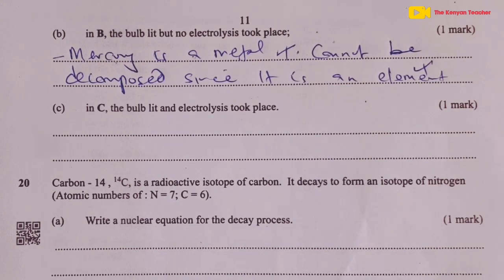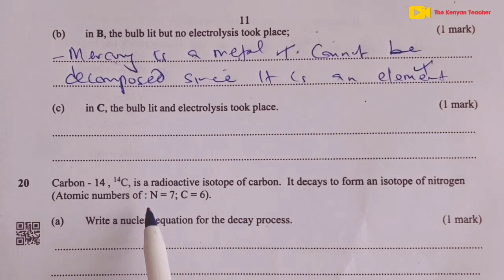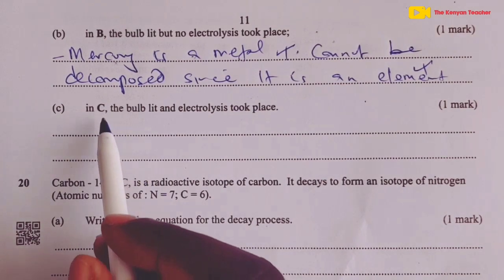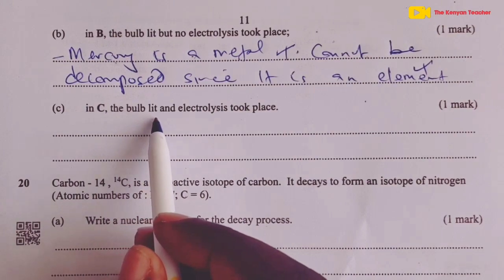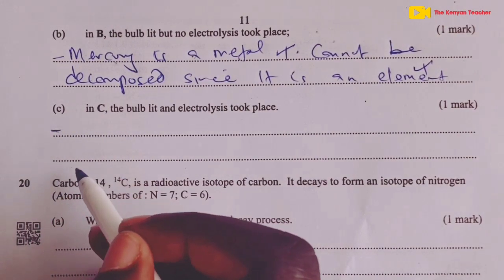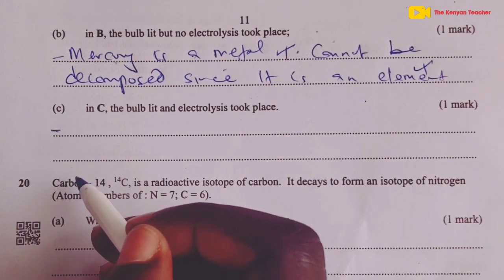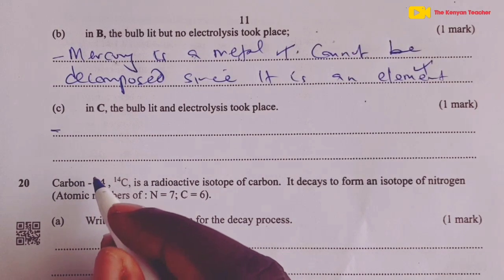Moving to C. In C, don't forget the substance that we were testing was aqueous sulfuric 6 acid. So here, the bulb lit and electrolysis took place. So we are asked to explain why.